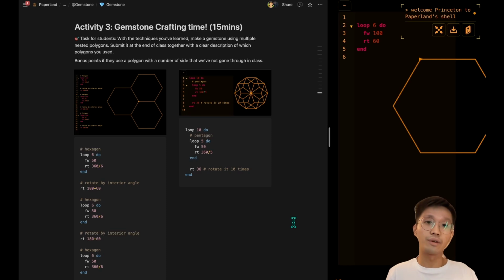Mathematics is often very abstract, and giving a chance for them to use it and apply it to create simple things like art, like this gemstone, that is unique to them, I think really helps with solidifying the learnings and making it special for the students.